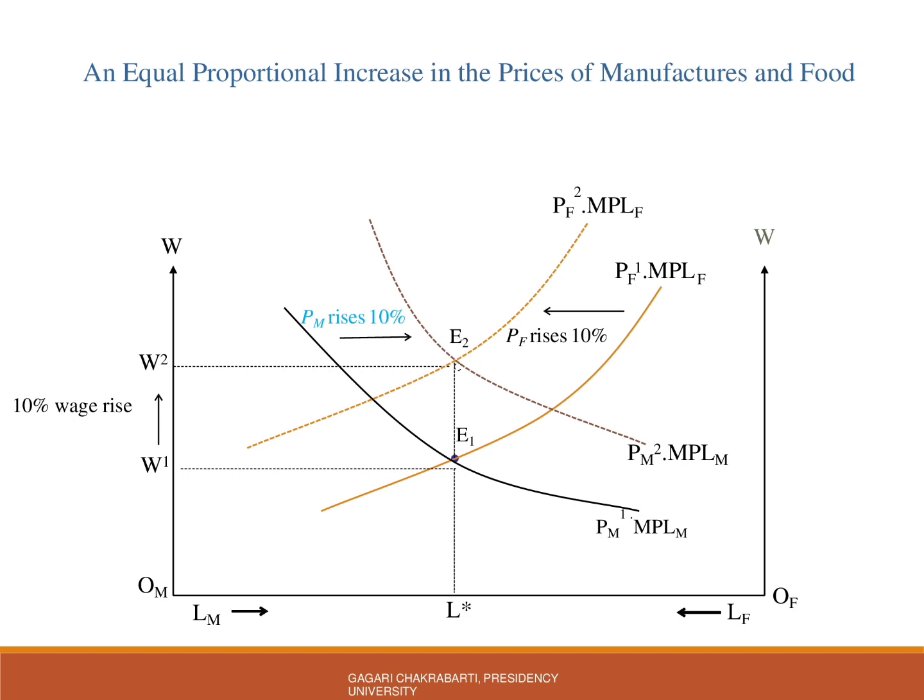Similarly, if we come to the food sector, the amount of labor employed in the food sector is unchanged. Therefore, the marginal productivity of land is remaining unchanged, and the real return to the land will remain unchanged. So to sum up, what will be the impact of an equal proportional increase in the price of manufacturing and the price of food?